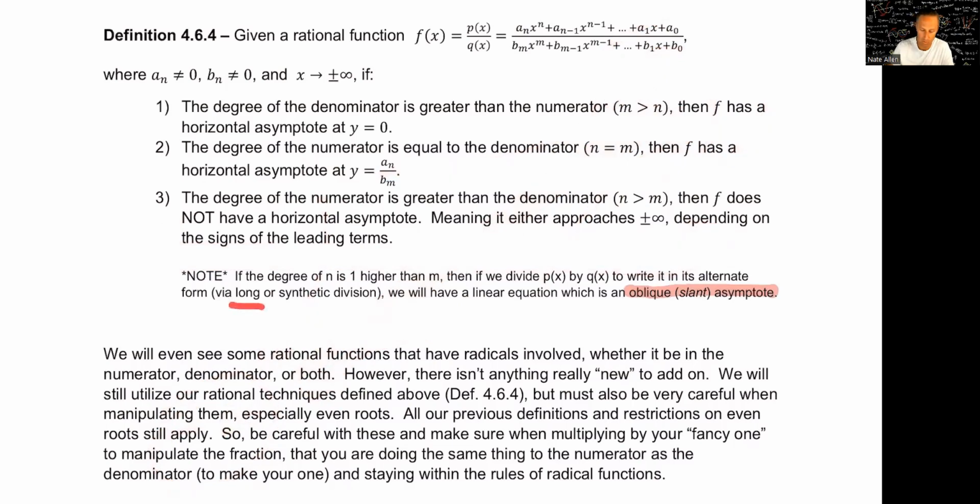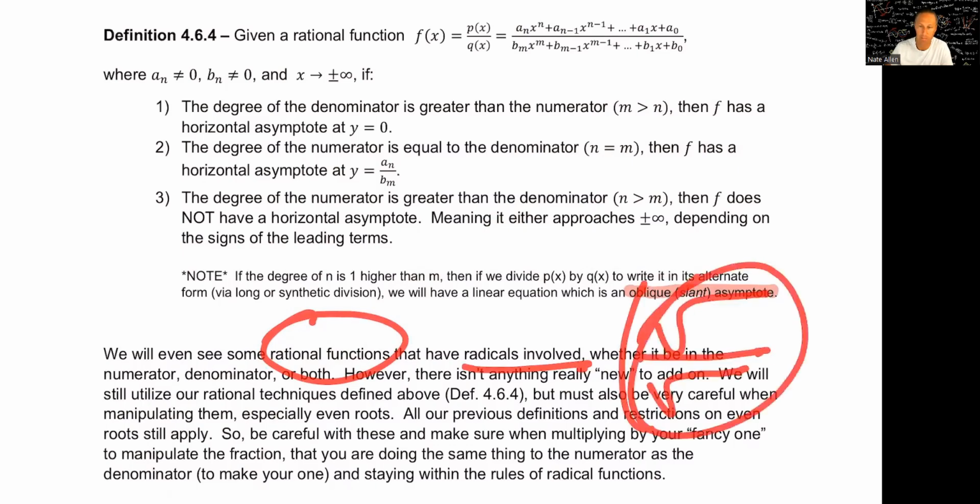We can use our long or synthetic division that you hopefully remember how to do from pre-calc or college algebra. There are even some functions that will have rational and radicals involved, and got to be careful with those. Recall that when you multiply by your fancy one to get in and work under a root, you're going to have to multiply by it.